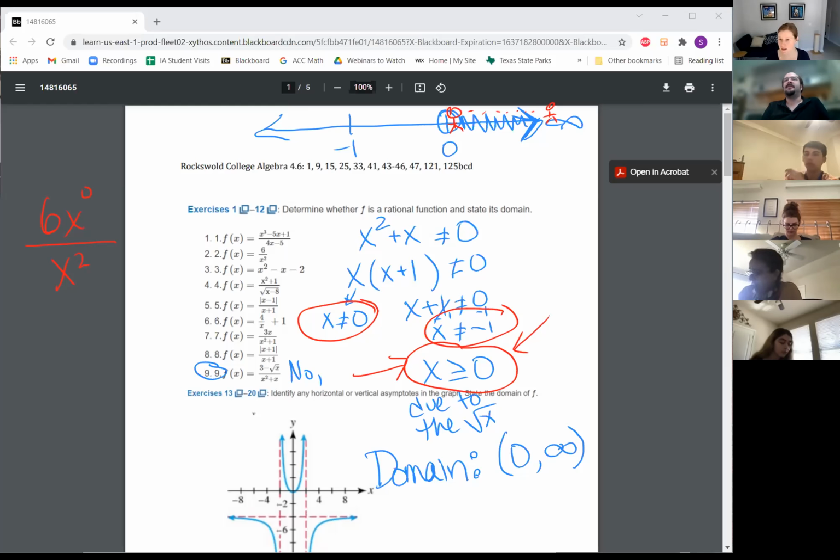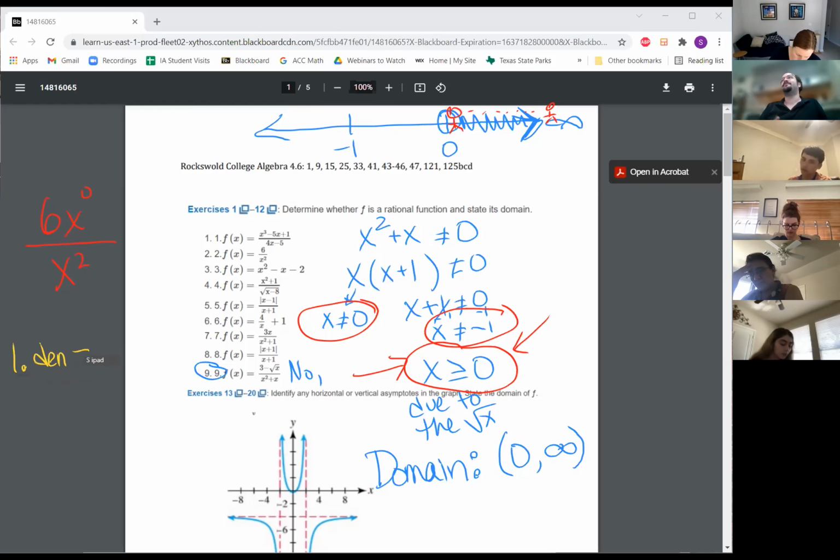When they ask for the domain in this class, what you really want to think about is what the domain cannot be. There are basically 2 restrictions at this point, 3 when we get to logs, but we're not doing logs yet. One is thou shalt not divide by 0. The other is that the thing inside your square root cannot be negative.